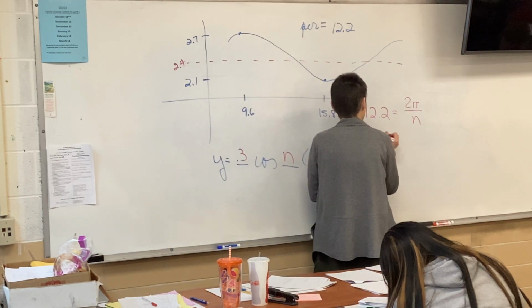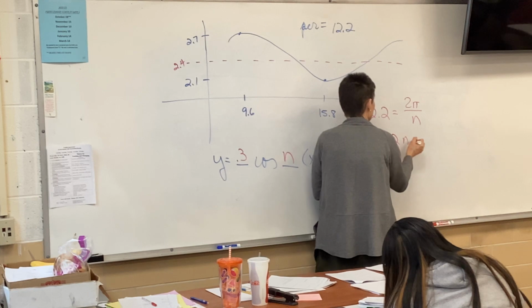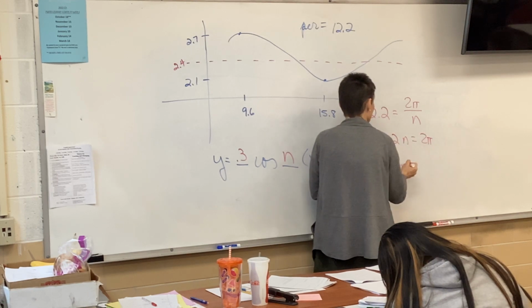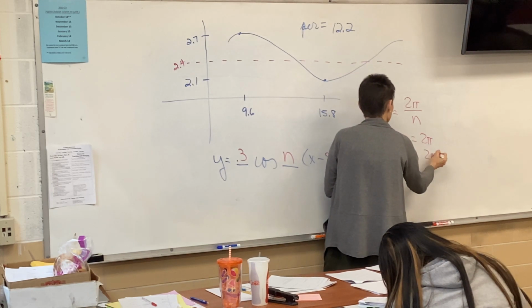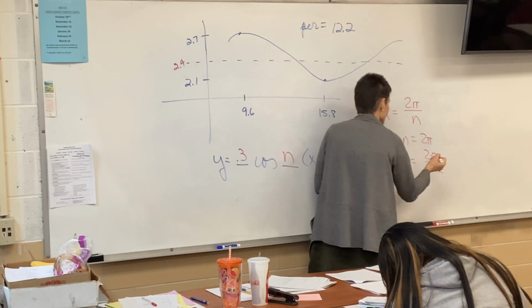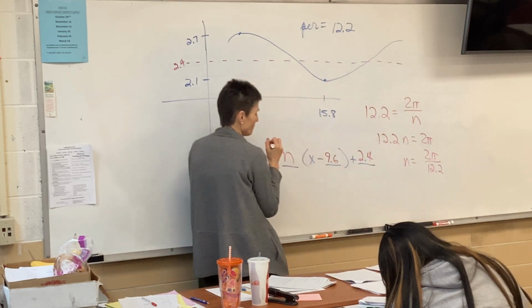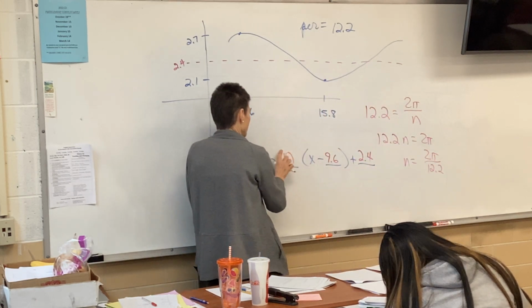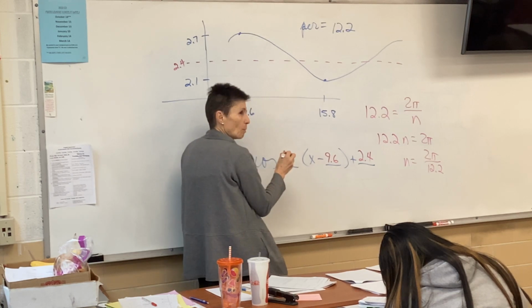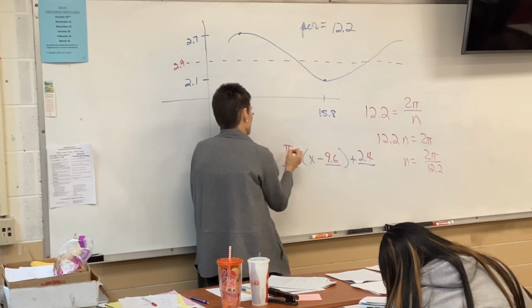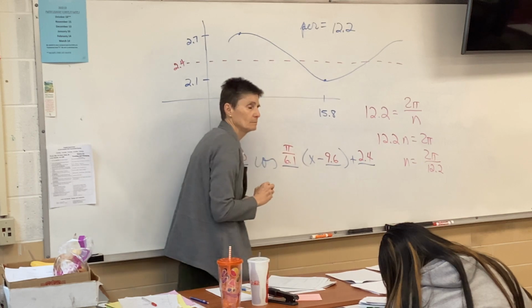So 12.2 n equals 2 pi. N is 2 pi over 12.2. Can I reduce that at all? Pi over 6.1.